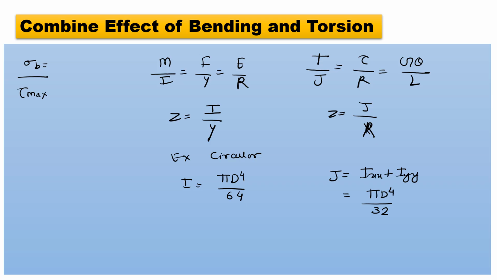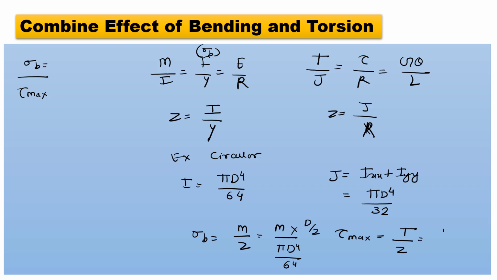And here we want to calculate sigma b. The notation for sigma b in this formula is F, so F is nothing but sigma b. To calculate sigma b, the value is M divided by Z, and to calculate tau max, the formula is T divided by Z. By putting the values of the polar moment of inertia and the simple moment of inertia in these formulas, sigma b is M divided by pi d raised to 4 divided by 64 into y bar, which is d by 2.